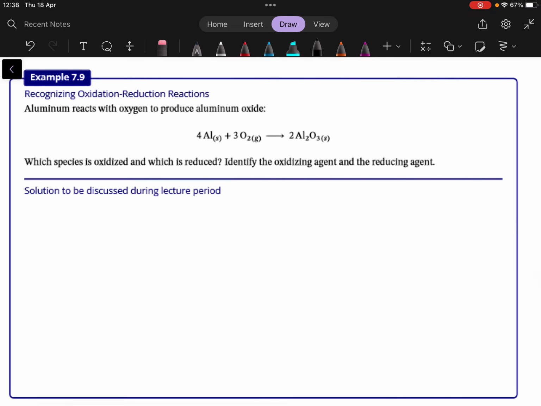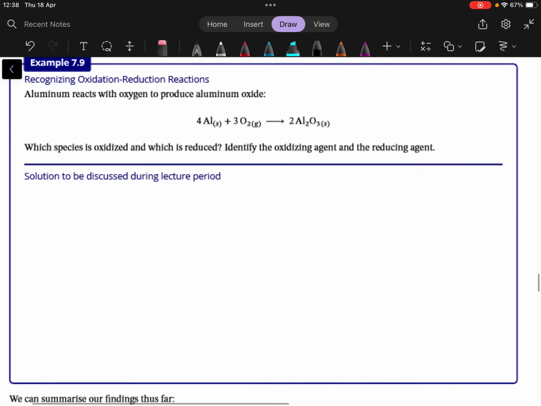Let's look at an oxidation reaction. It says aluminium reacts with oxygen to produce aluminium oxide. And it says which species is oxidized, which is reduced. Identify the oxidizing agent and the reducing agent. So in principle, what do we need to do? We just need to check oxidation states.